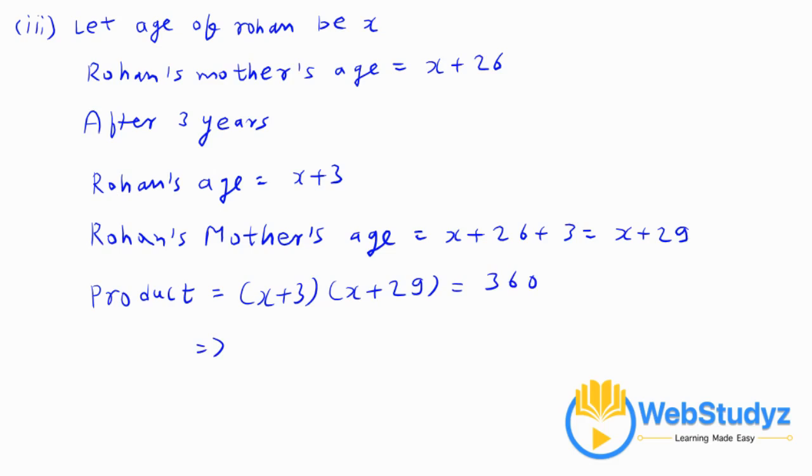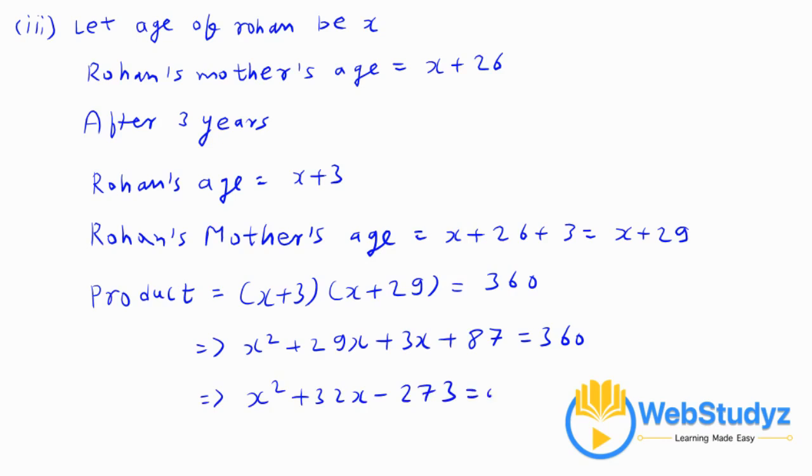So we can solve this and we get x square plus 29x plus 3x plus 87 equals 360. Solving this, we get the equation x square plus 32x minus 273 equals 0.